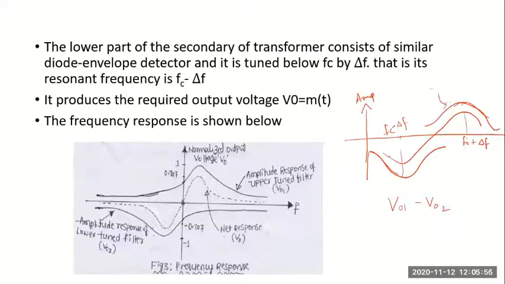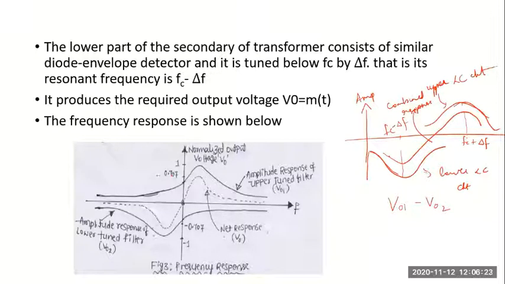So this is the response of the upper LC circuit. This is the response of the lower LC circuit. And the combined response is given by this curve. So the combined response of both LC circuits is as shown here.